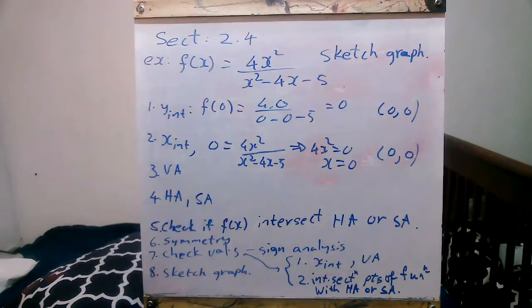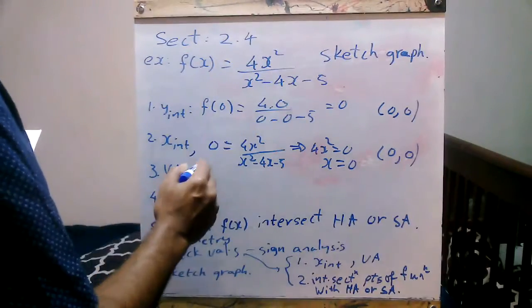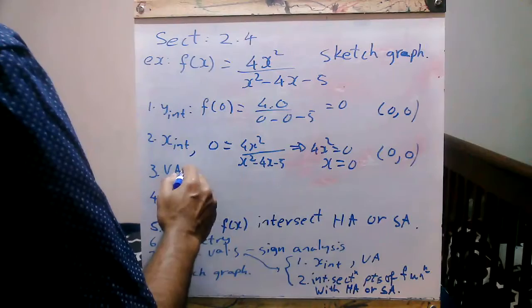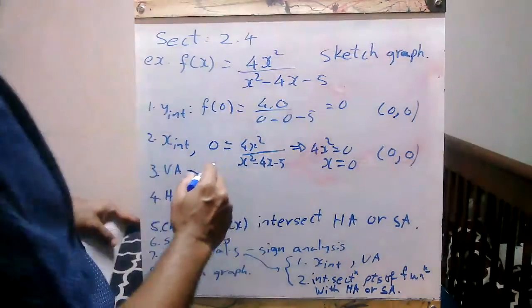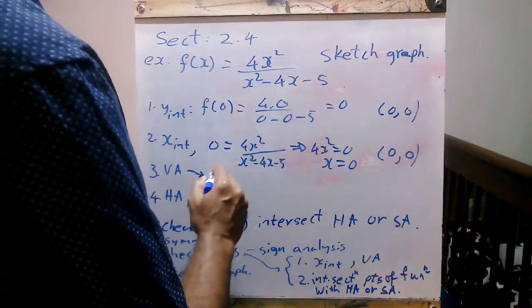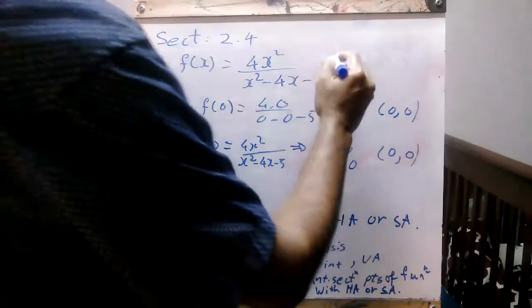Right? Vertical asymptote. For the vertical asymptote, we set the denominator to 0. Okay, let's do this. We want to sketch the graph.